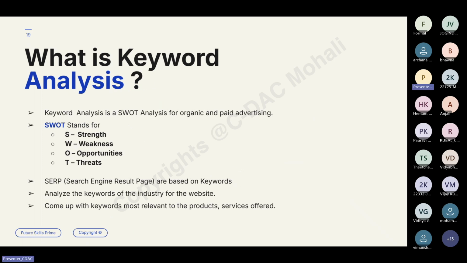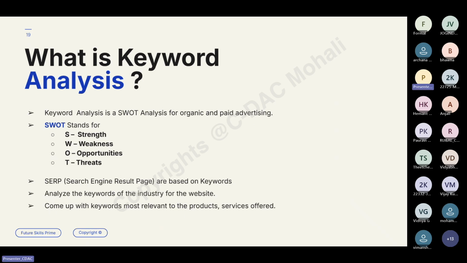Now, what is keyword analysis? Keyword analysis is basically a SWOT analysis for organic and paid advertisement. A SWOT analysis is performed on a specific keyword. SWOT stands for S for strength, W for weakness, O for opportunities, and T for threat.